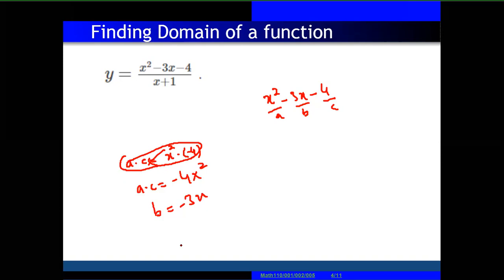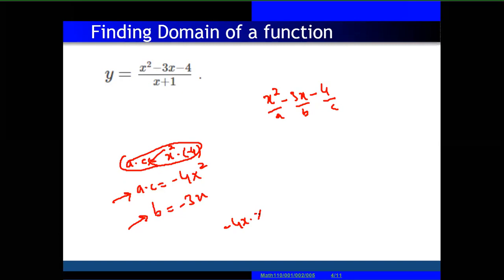We need two numbers. This is the rule of factorization. If you can't find these two numbers, then factorization is not possible. The rule is to find two numbers that, when you multiply, give you a multiplied with c, like minus 4x square, and when you add, give you minus 3x. So these two numbers are minus 4x and x.